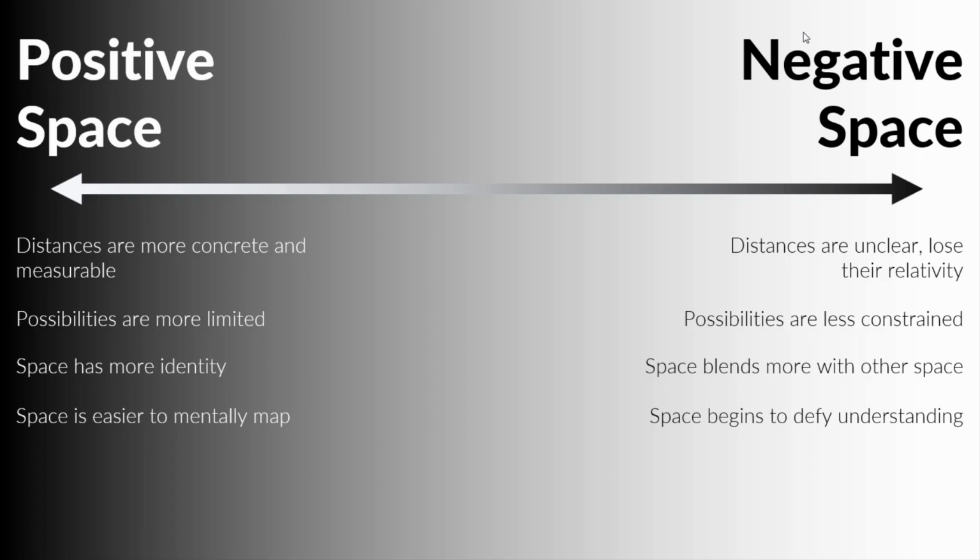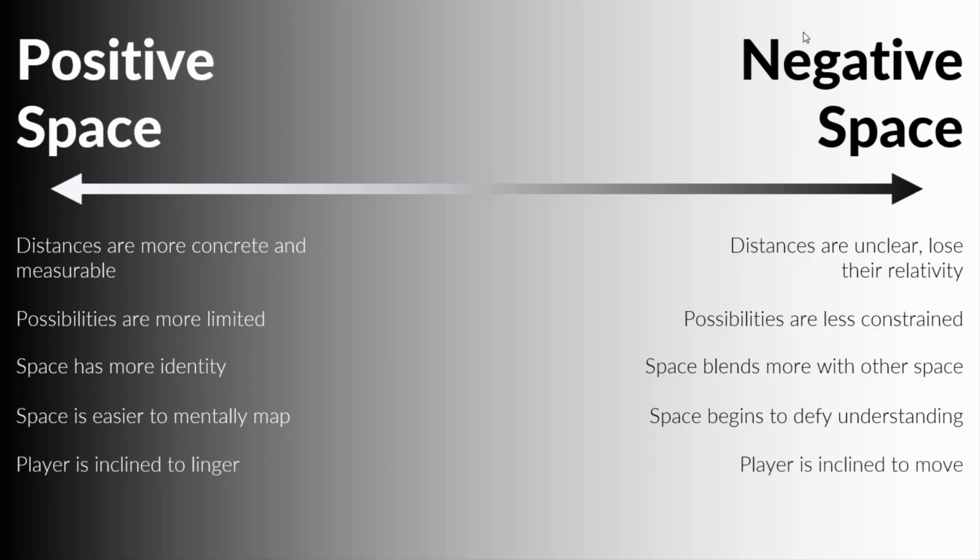This makes it much easier for players to mentally map the shapes of a positive space, because positive space has a shape that's easily understandable, or it should be more easily understandable than a more negative-space-leaning one.